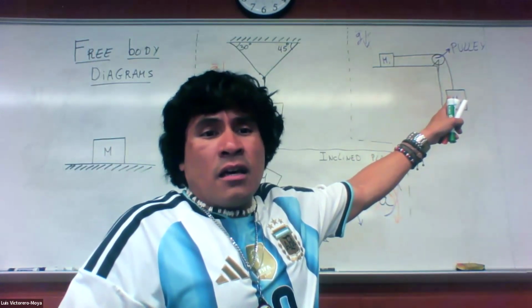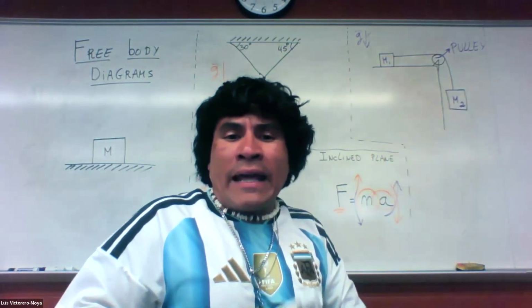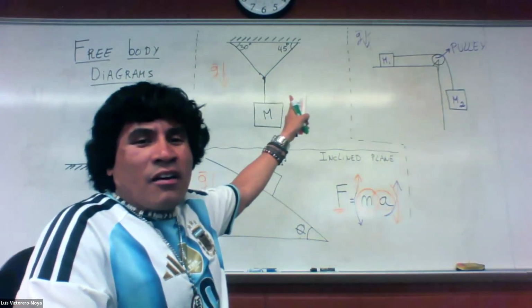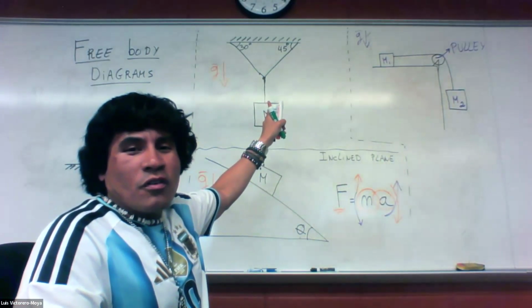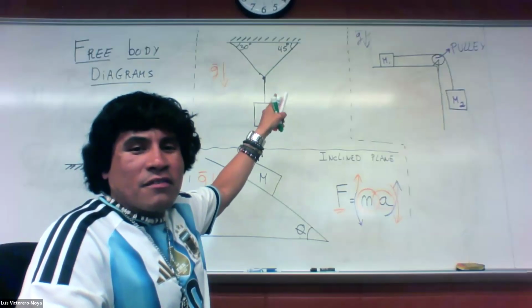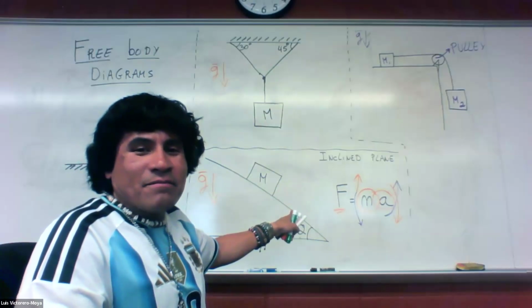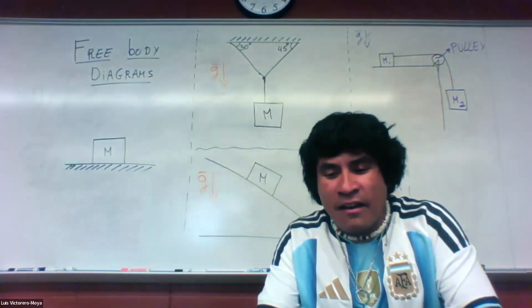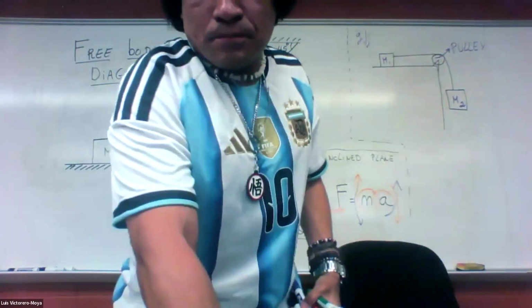You see, that's a simple mechanic situation where you have a pulley. And then you can have these two ropes holding a mass and an inclined plane, right? So those are all situations that you're going to be learning, all right?